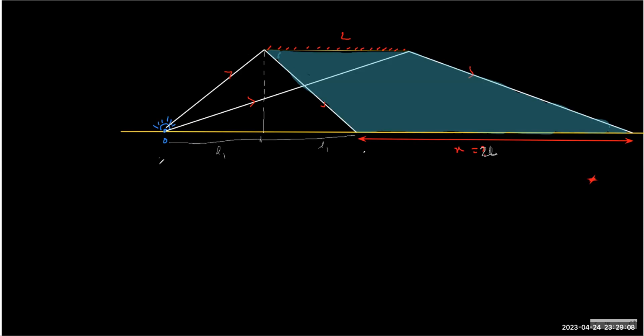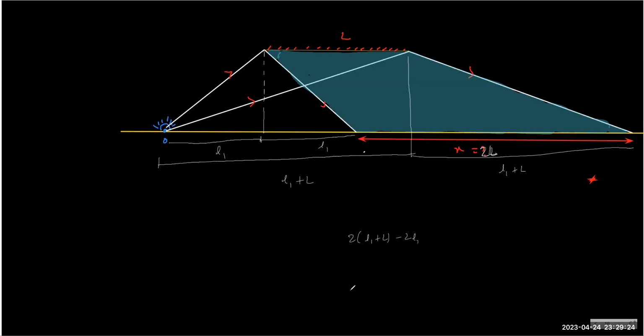And now we can take that one as L1 plus capital L. So that one will also be L1 plus capital L, and now subtract the two. So you get twice L1 plus L minus 2L1, right? So we get the answer as 2L, independent of height. That's very interesting. No matter where it is, the same, right?